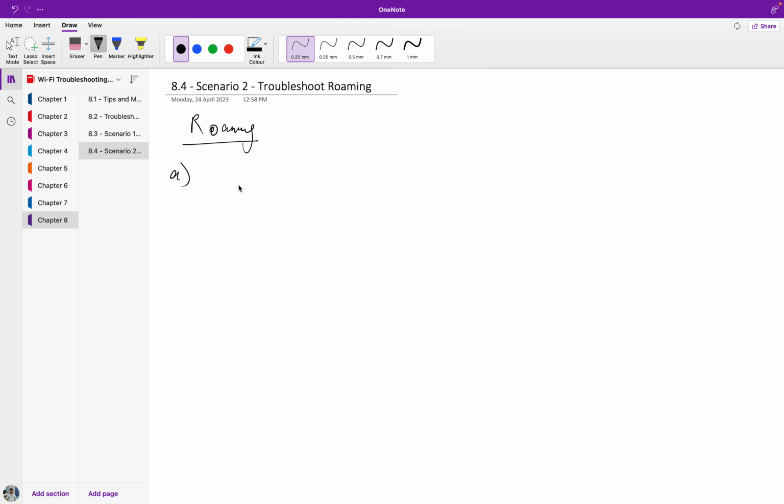So the number one reason of roaming issues is very simple. The simplest one is signal coverage problem. There is just not enough coverage. That's it. Not enough coverage. And that is the number one reason, okay? Because when the network was deployed some years back, the customer maybe thought that this part of the building is not going to be used, so let's not put an access point there.